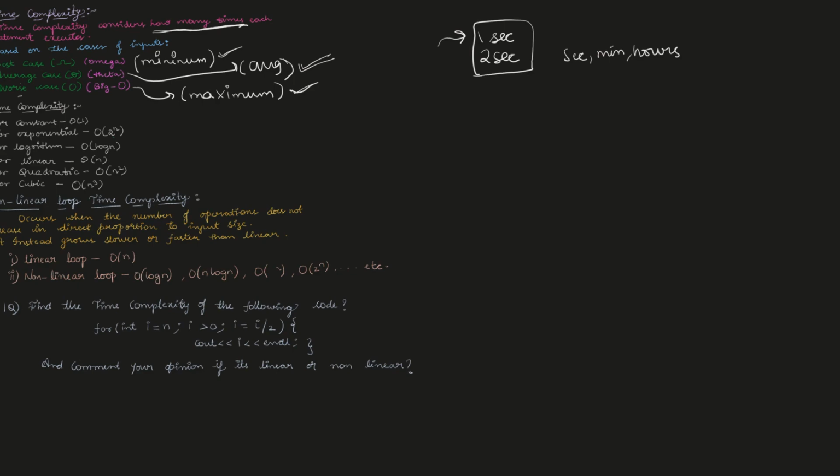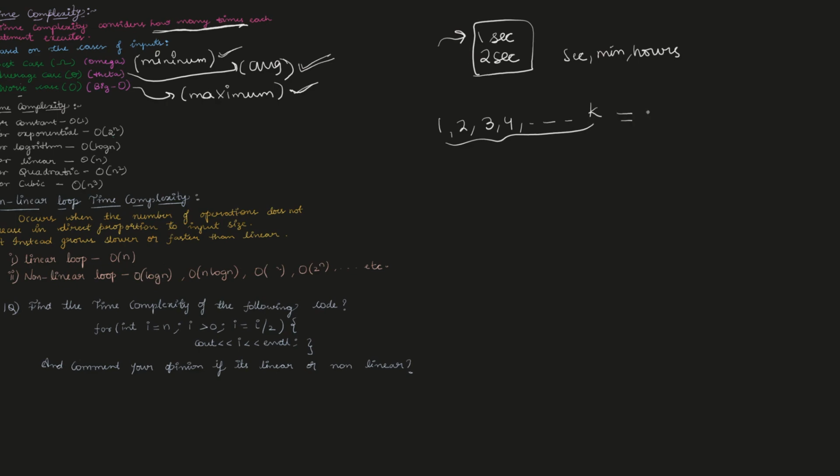Coming to the different types of representations of the time complexities, for a constant, it doesn't mean that it always has to be one. It can be anything: 1, 2, 3, 4, and so on up to some k. These are all constants.